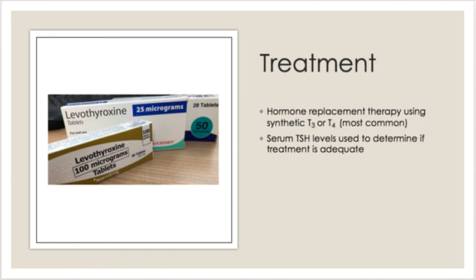Another thing you'll want to do is when somebody's undergoing treatment, make sure that it's adequate. Dosaging usually takes a while to get right where you want it. And even if it's right where you want it, maybe a year from now, it might be low again. So people who have hypothyroidism have a lot of testing done throughout their life to make sure their medication is where it needs to be. And the way they do this is by looking at serum TSH levels.